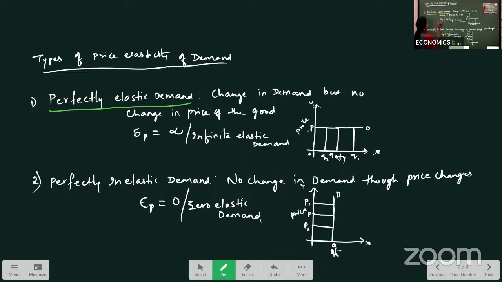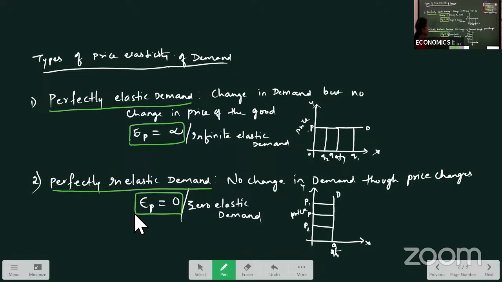Here your elasticity value will be equal to infinite. No change in price, but demand changes to infinite. Next, perfectly inelastic demand. Inelastic, no change in demand. So in this case, elasticity is 0.